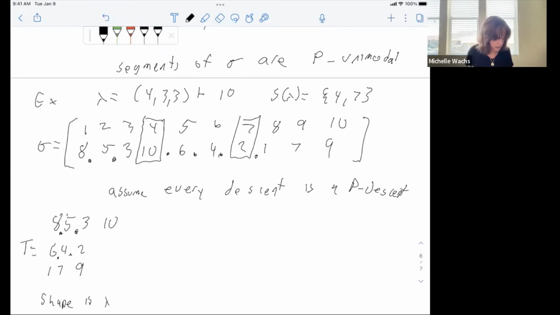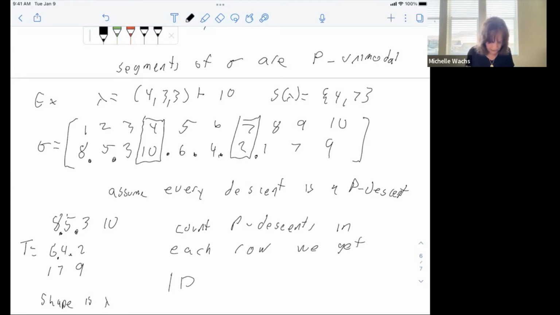And so we can see that if we count P descents in each row, we get the number of descents of the permutation, but we don't count the elements of S lambda, because those are descents at the end of a row.